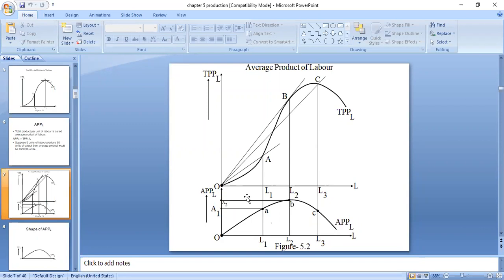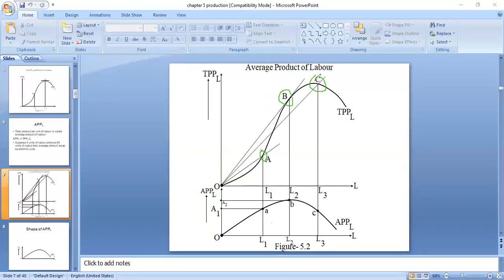It shows the TPP, total physical product curve, and here you see I'm marking capital A, capital B, and capital C.